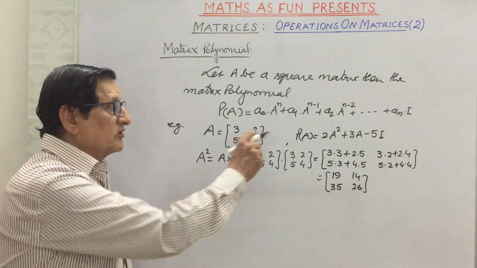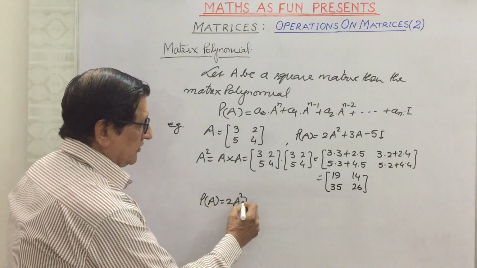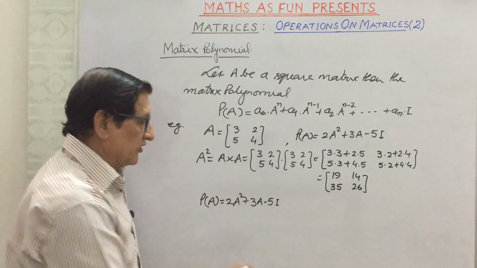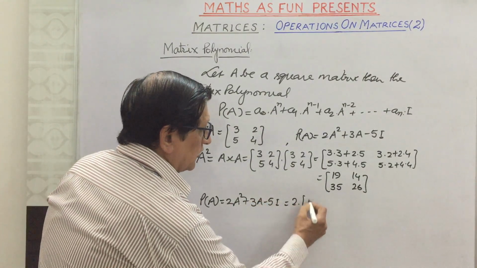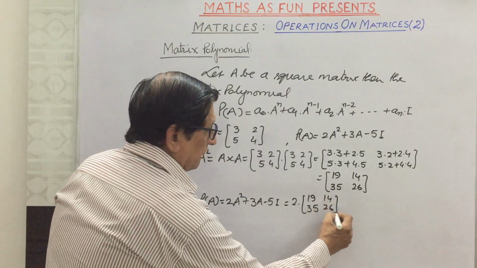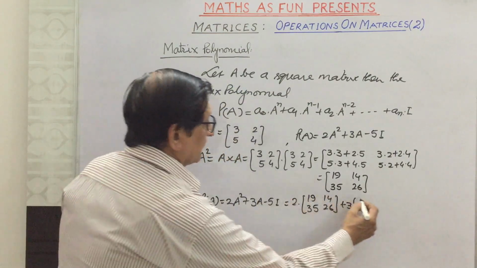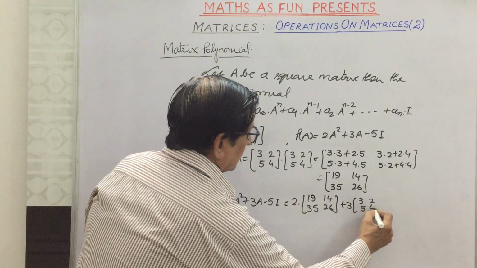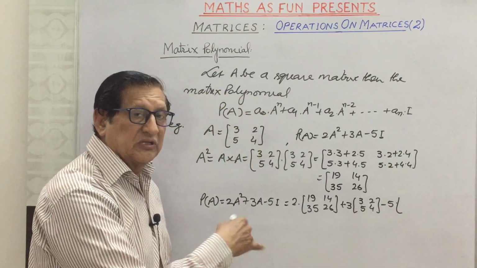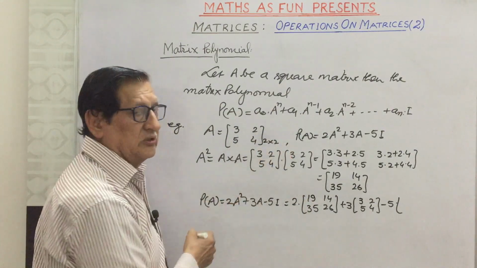Now we can find out the value of P(A). P(A) is 2A square plus 3A minus 5I. We can write this as 2 into A square plus 3 into A minus 5 into I. I means we will take that of order 2 into 2 since A is of order 2 into 2.